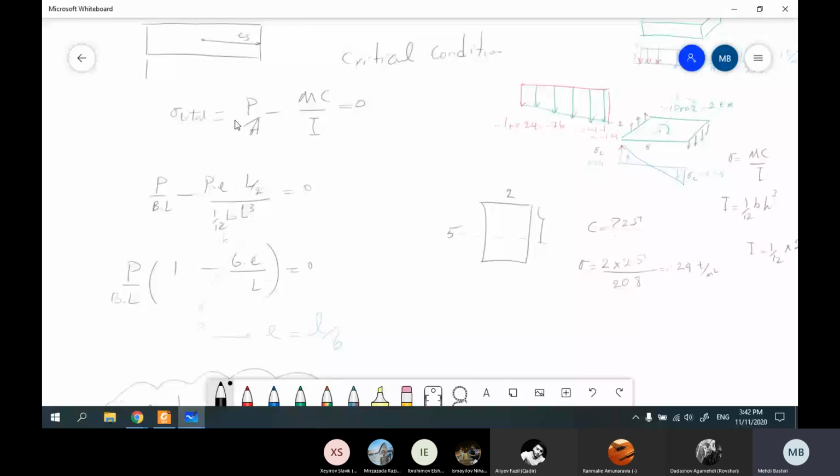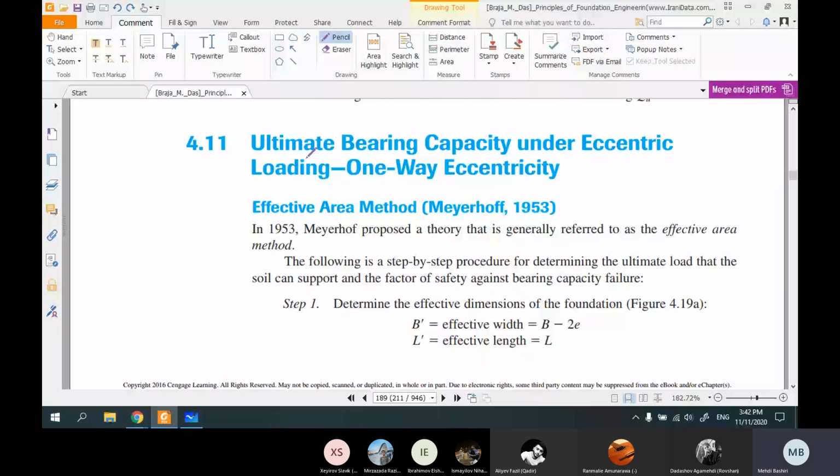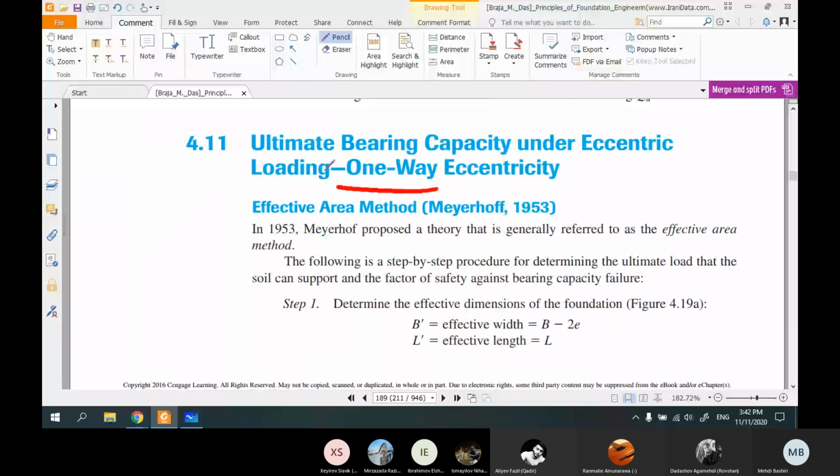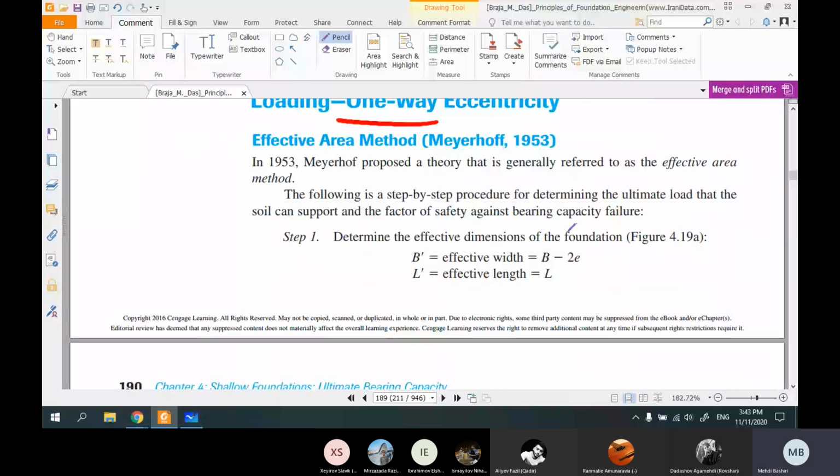If you check the book, as I said, we have one-way eccentricity, and in chapter 4.12 you see two-way eccentricity. In case of one-way eccentricity, the book and other books suggest the effective area method.